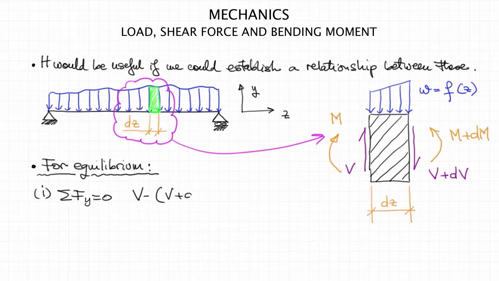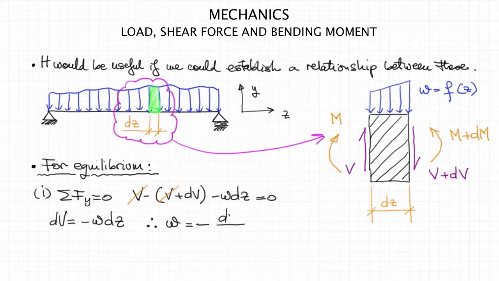For equilibrium, we can sum the forces in the vertical direction. So we will get an equation like this one. And from here we can solve for the value of the load, which will be equal to negative dV/dz.